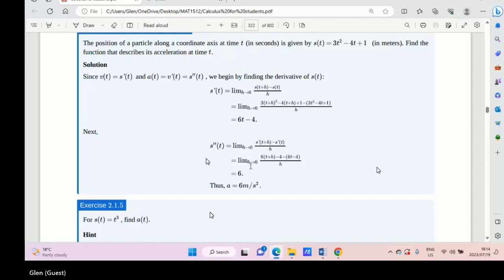The t cubes canceled each other, and I was left with 2t squared h plus 2th squared plus ht squared plus 2th squared plus h cubed.